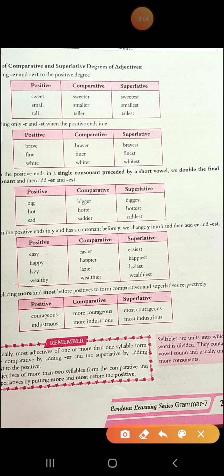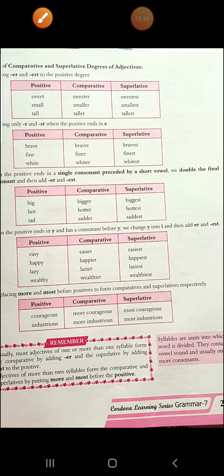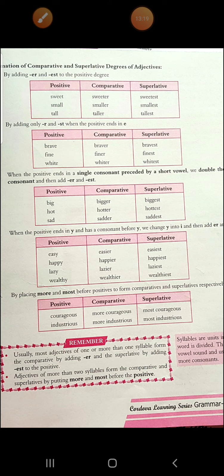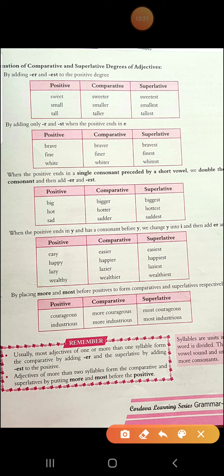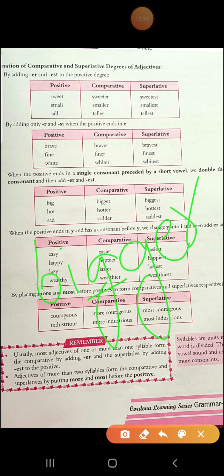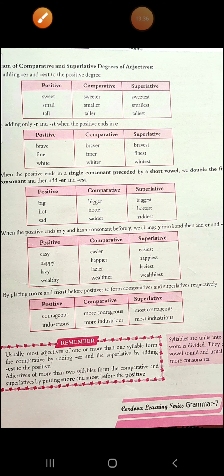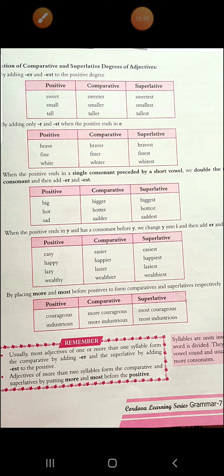See, this is ending by a consonant like G, T and D, and before it you can see a vowel A. So what we do, we double the final consonant, whatever is the final, like here it is G. So we double it and then we add ER and EST, like it becomes BIG. We'll double the G, and we add ER and then we will add EST, so it will be superlative degree. So big becomes bigger, biggest.